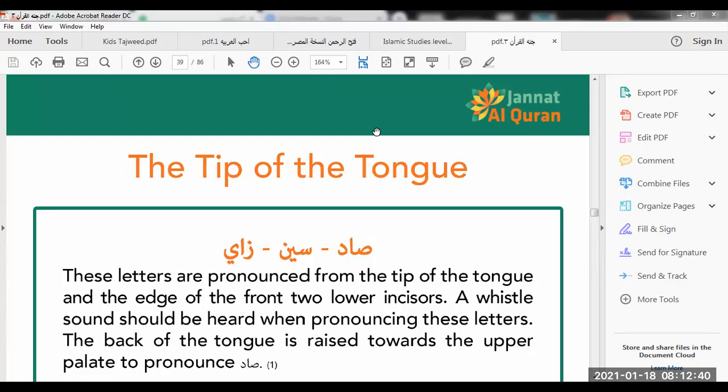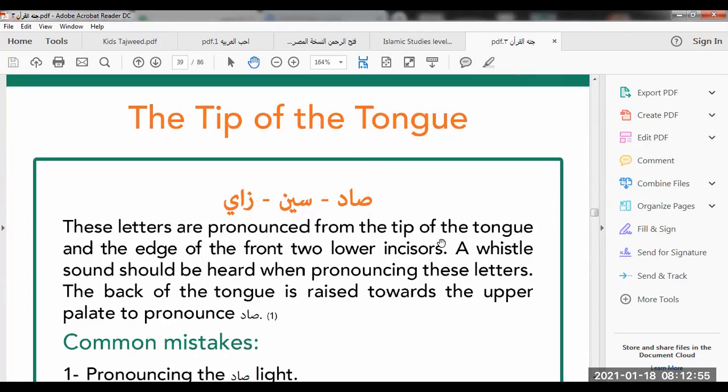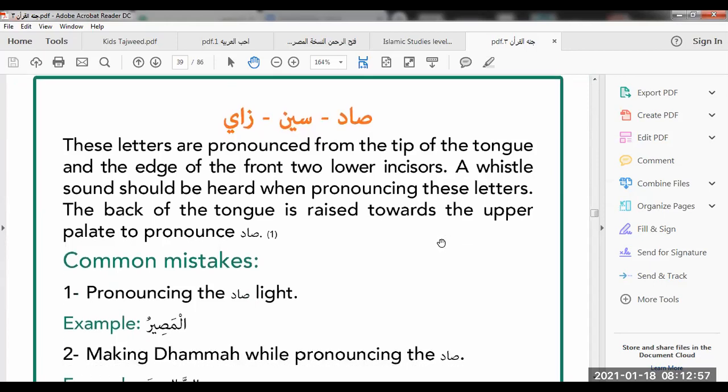These letters are pronounced from the tip of the tongue and the edge of the front two lower incisors. Again, sad, sin, zay: these three letters come out from one specific articulation point, from the tip of the tongue.